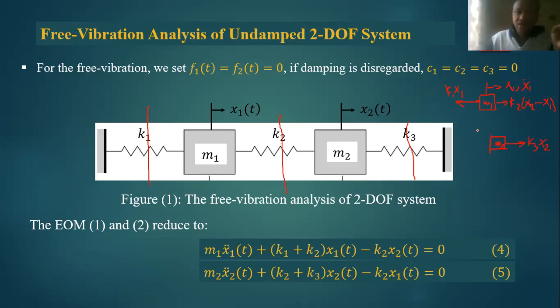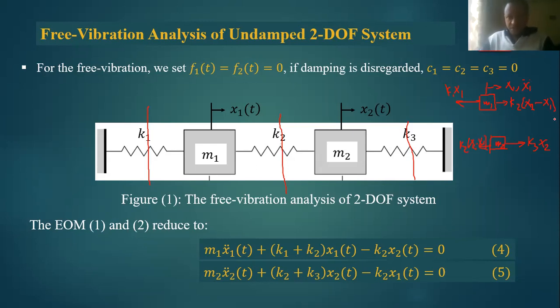Here we are still considering the compression of k3 and the tension of k1 and k2. So both masses are moving toward k3. And in this direction, we have k2 times x2 minus x1, the relative deflection between the two.